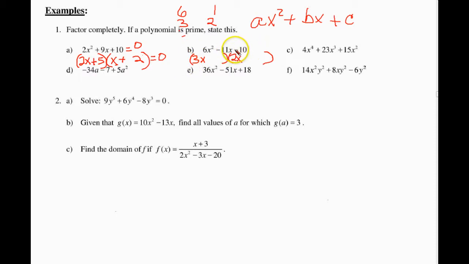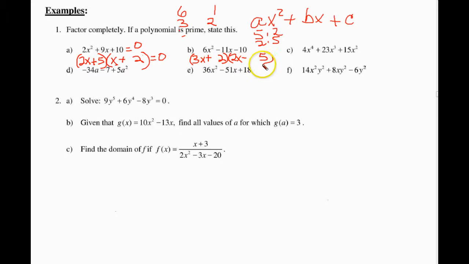Now here it's kind of tricky because this third term, our C term, is a negative 10. It's negative in the middle. So one of these is going to be positive and one is going to be negative. And it's going to be a 5 and a 2 or a 2 and a 5. So let's check it out. I see it. Do you see it here? A 2 and a 5.